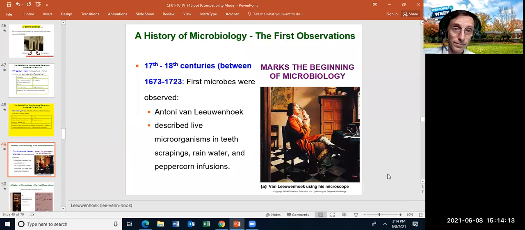Let's skip that. And let's say that about this time, the first observations of microbiology occurred. The first recordings of an observation of a microorganism was done by Antony van Leeuwenhoek.